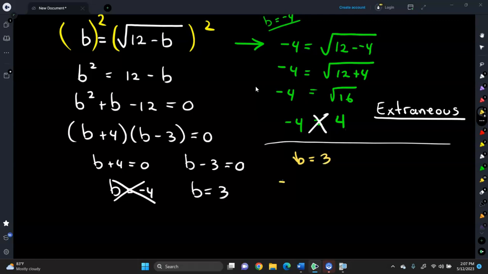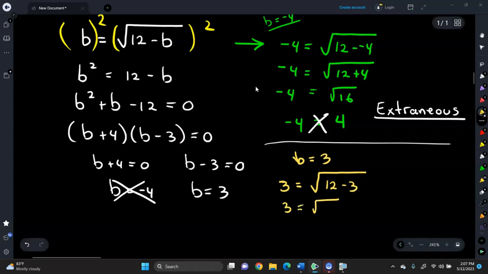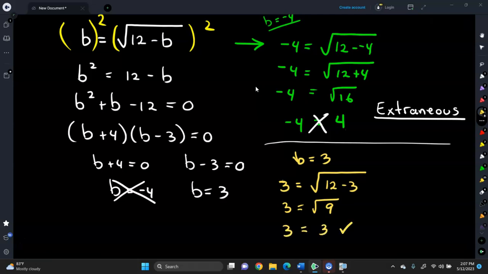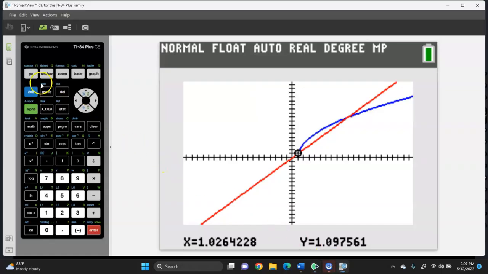So that's going to be positive 3 equals the square root of 12 minus 3. So 3 equals the square root of 9, which is true. 3 equals 3, that's true. So there's my solution. Now, if I were to graph this, I would find that it only intersects in one spot. Okay, let's actually do that.